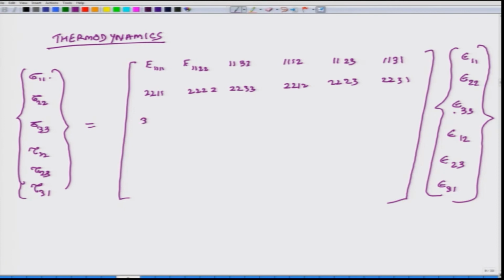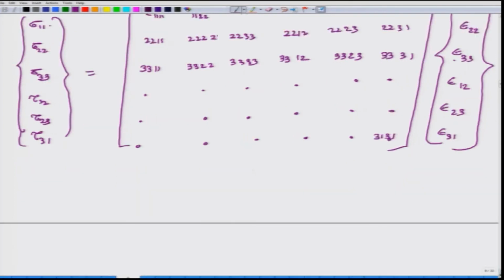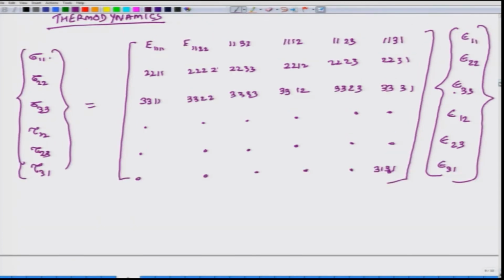The next row will be 3311, 3322, 3333, 3312, 3323, 3331. And then we have the fourth row, fifth row, and sixth row. The sixth row would be 3131, the last element.